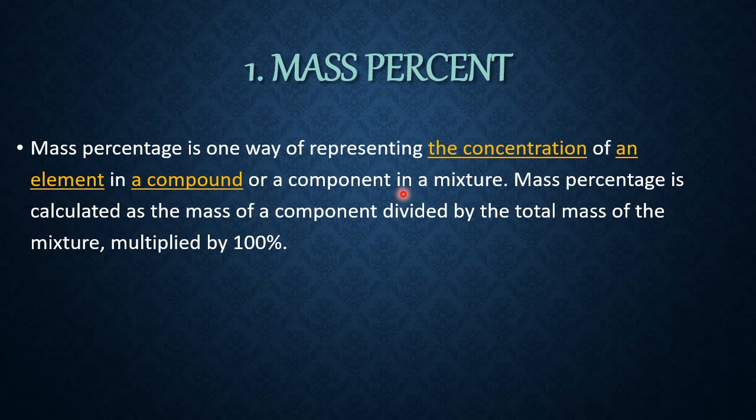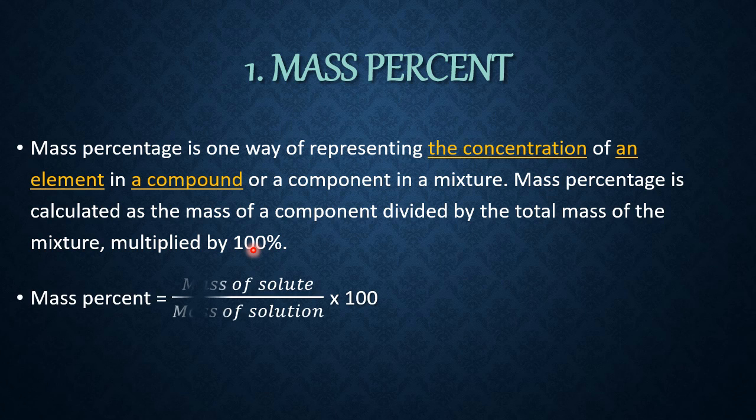So to express the concentration of a component in a mixture, we use mass percent. Mass percentage is calculated as the mass of a component divided by the total mass of the mixture multiplied by 100. We will see the formula.